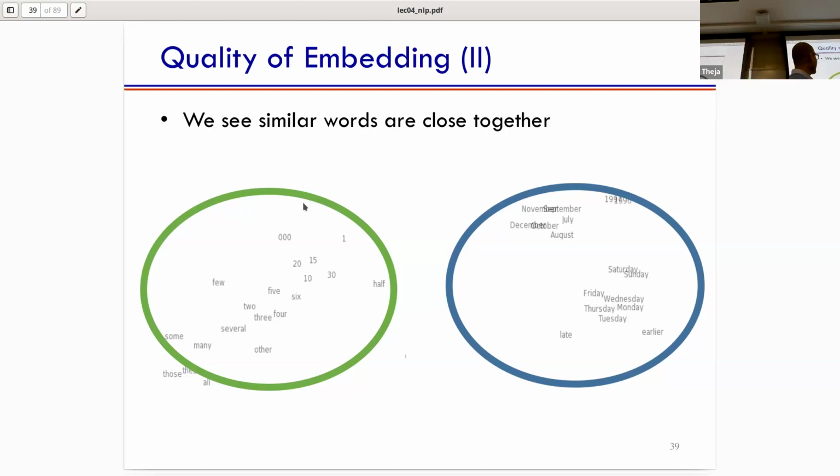Here you can see that things related to quantities or numbers are on one subcluster, and things related to days of the week and months are on another. So this is a visual inspection check: words which occur in similar contexts should have similar vector representations. Hopefully, when you project it down, there is a chance of some distortion, but they should fall into a similar two-dimensional space, or three-dimensional space if you want. So this is one way to verify the quality of your embeddings.